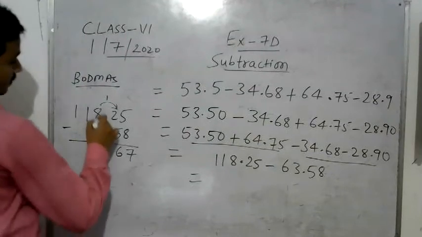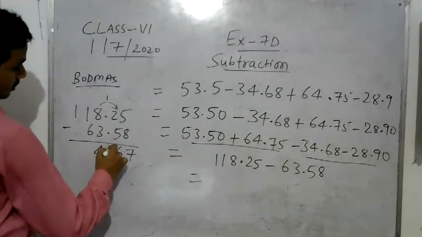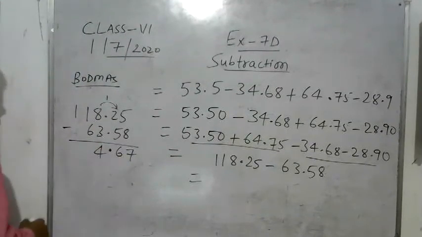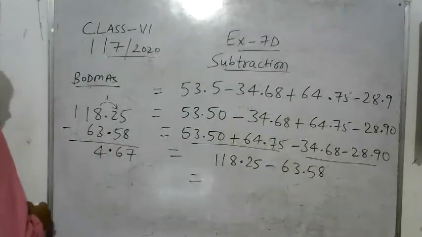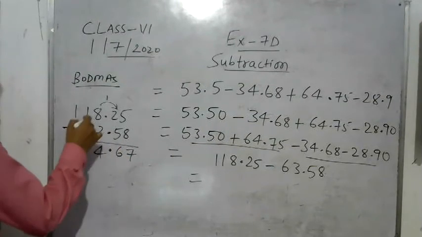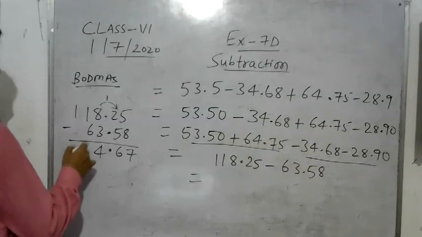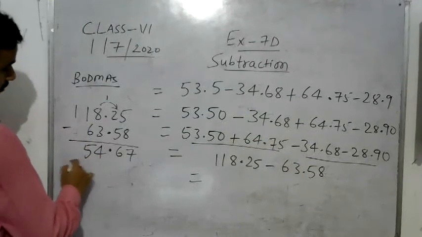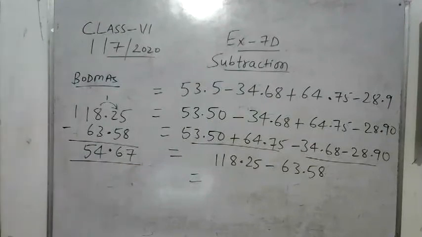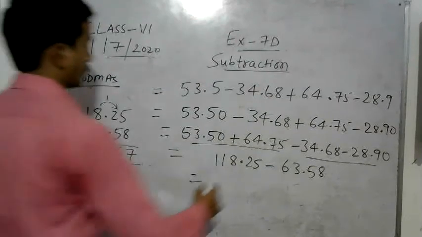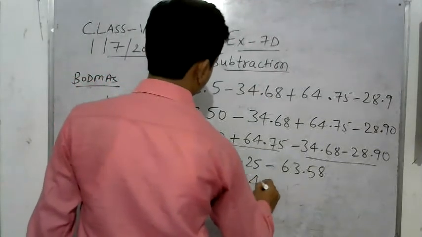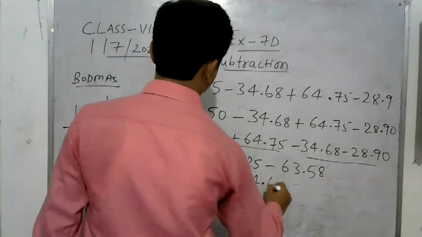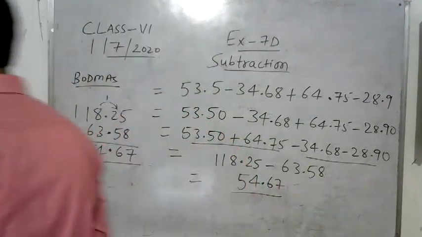And here 7, 7 minus 3 is 4. And here is the decimal point. Put a decimal point here. And here 11 minus 6 is 5. So 54.67 is our answer.